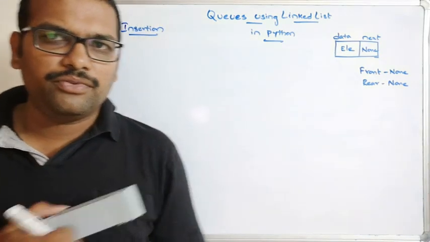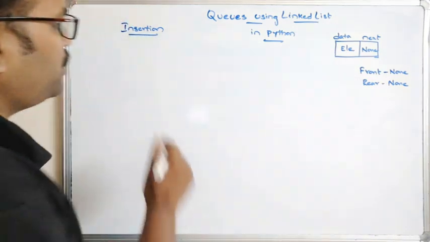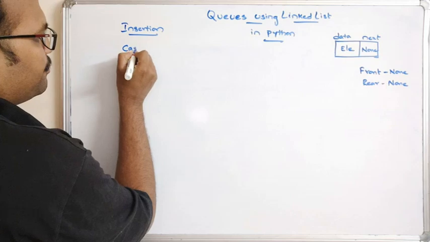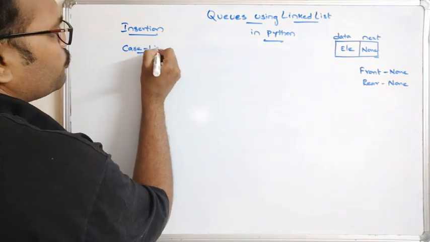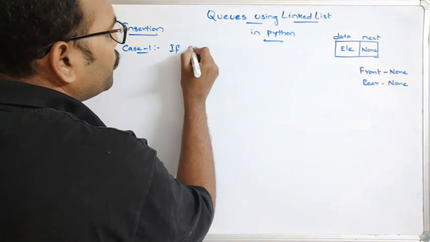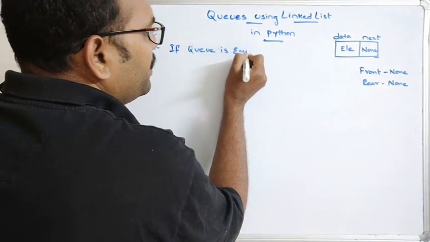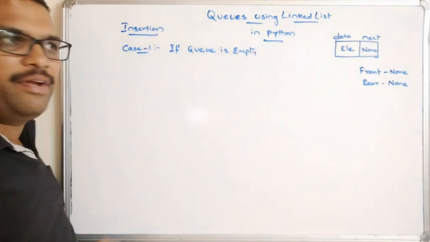We have seen that the insertion will be done at the rear end. So here, case 1: before insertion, the queue is empty. How can we know that the queue is empty?